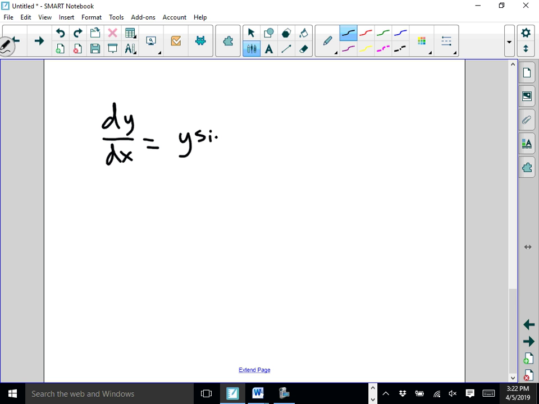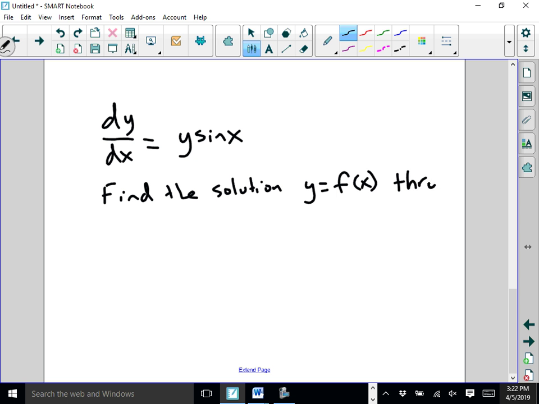We have dy dx, and we want to find the solution y equals f of x through the point f of 0 equals 1. Actually, let's make it more interesting. Let's do f of 0 equals negative 1. This will be a more interesting problem.